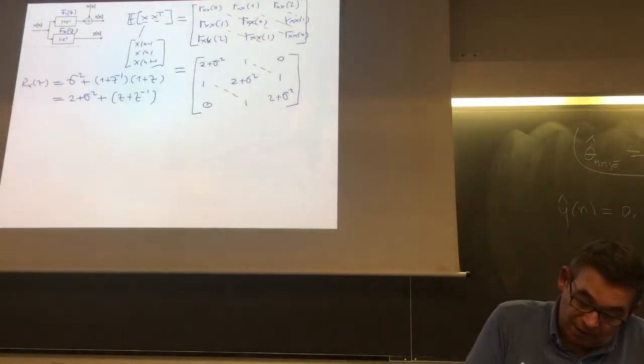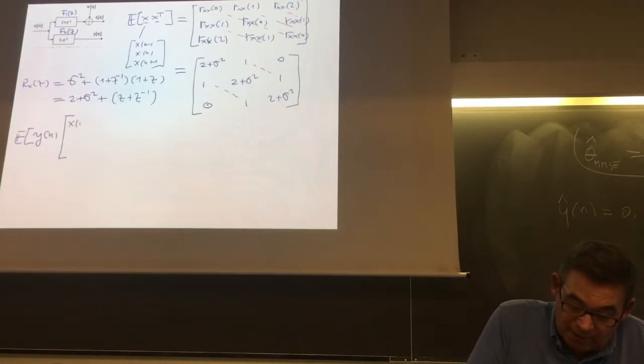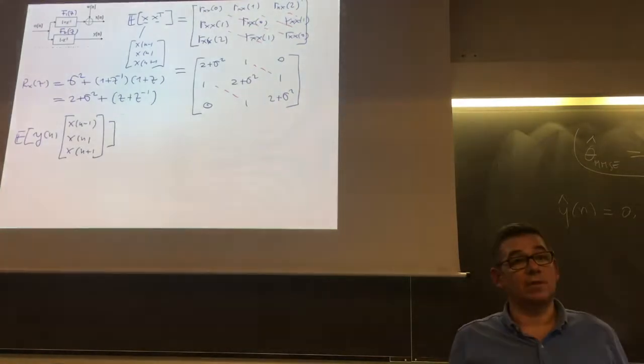Now I need to calculate the expectation of y n times the vector of x n minus 1, x n, x n plus 1. That's all I need to calculate.